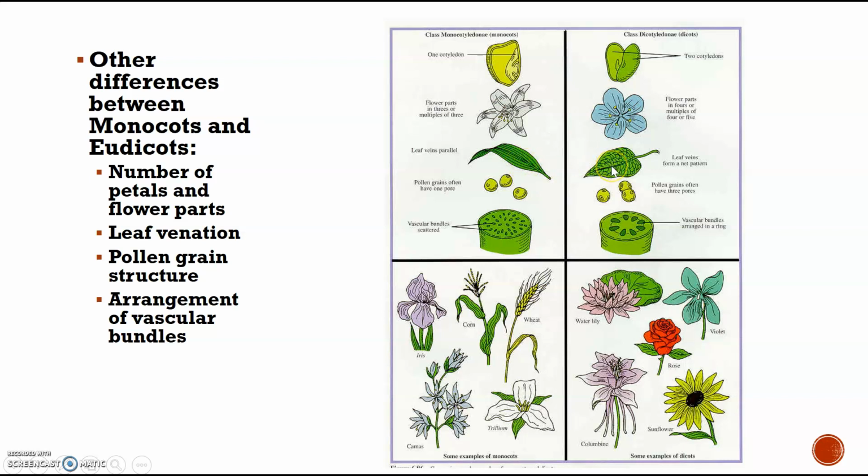Eudicots, the leaf venation is in a net pattern. Vascular bundles in the monocots are spread throughout the stem. Vascular bundles in the eudicots are arranged in a ring, usually towards the outside of that stem. So classic examples of monocots are irises, corn, wheat, that sort of thing. Some eudicots are roses, violets, and sunflowers.